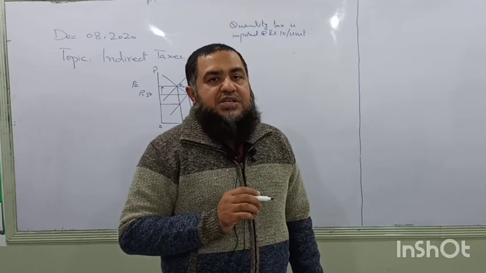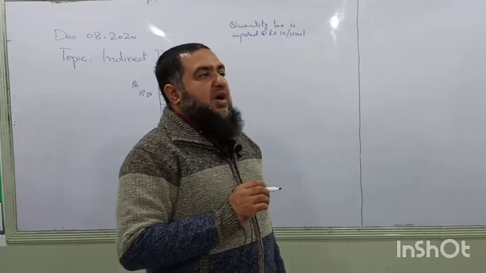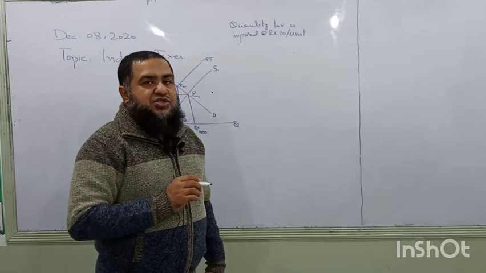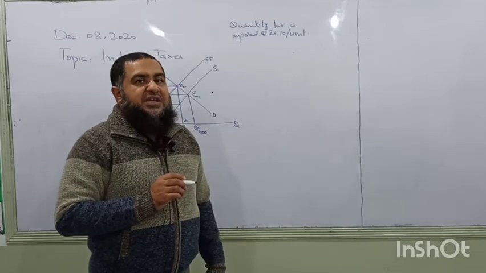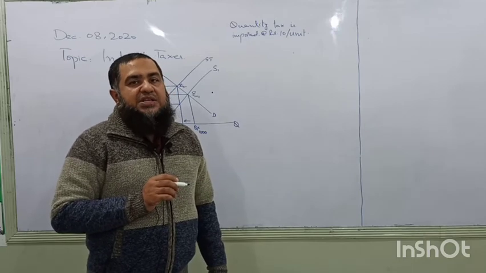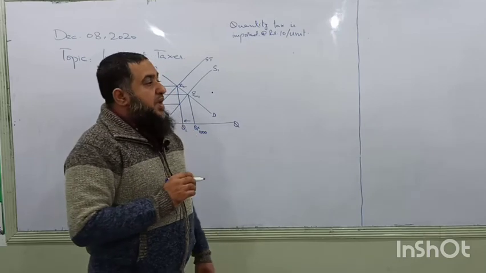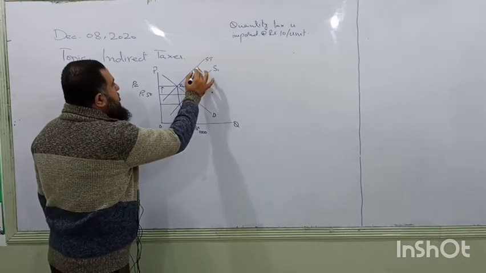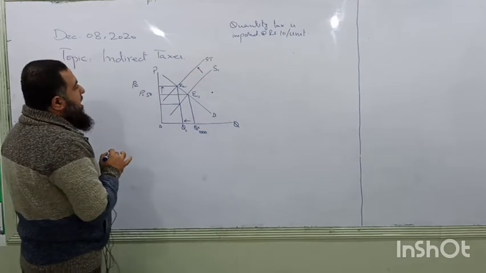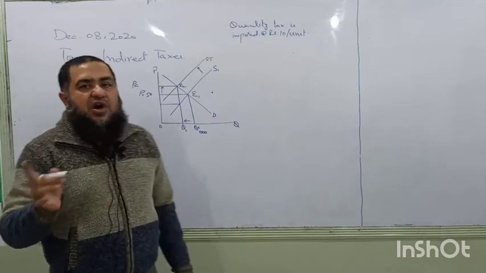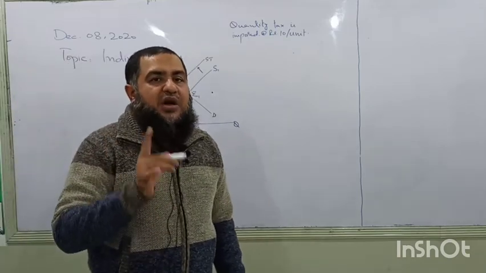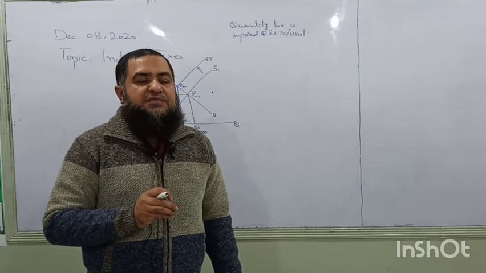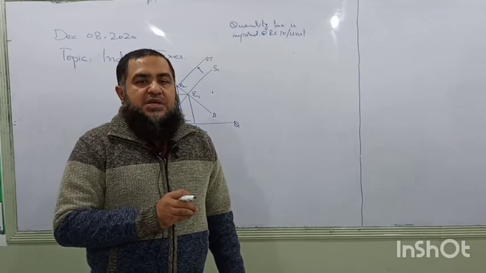When tax was not imposed, the seller was receiving 50 rupees, which was paid by the consumer. The seller was receiving the same amount as was paid by the consumer. Now the tax was imposed on the seller, on the production, and he himself is not paying all the amount of the tax. He is shifting some of the burden of this tax onto the consumers.